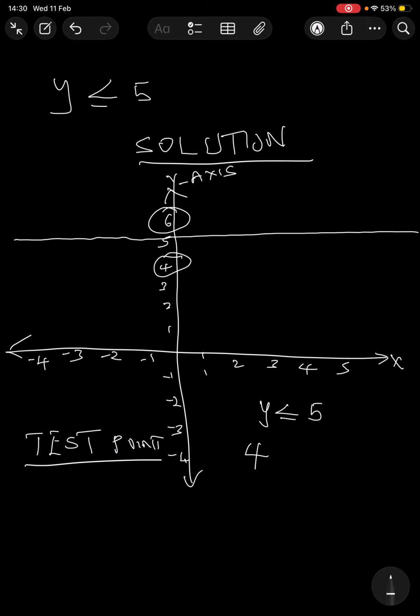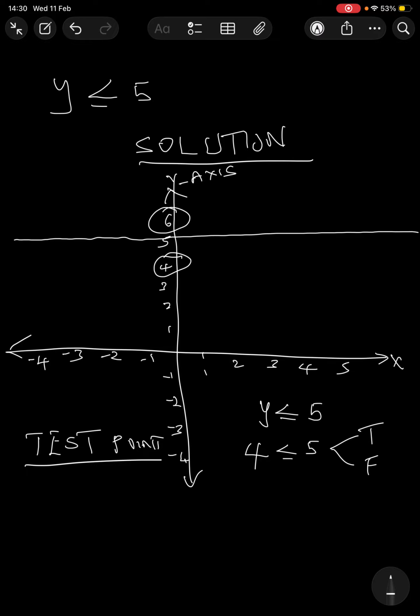So when y is 4, is 4 less than or equal to 5? Is it true or false?